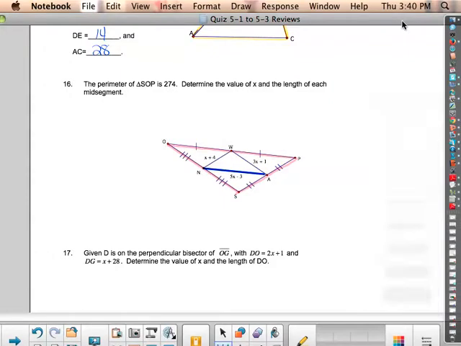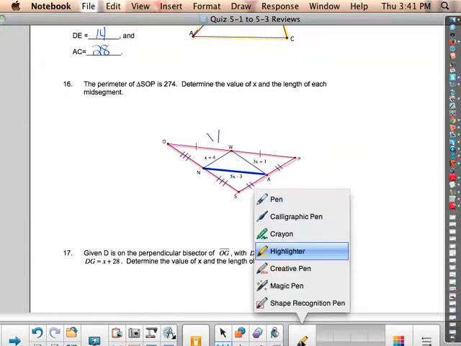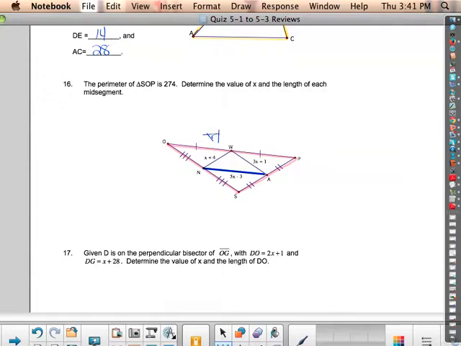Therefore, that third side is double that, so 2 times 5x minus 3. This length WA is half the length of OS, so you need to double that. And then this length WN is half the length of SP, so double that.